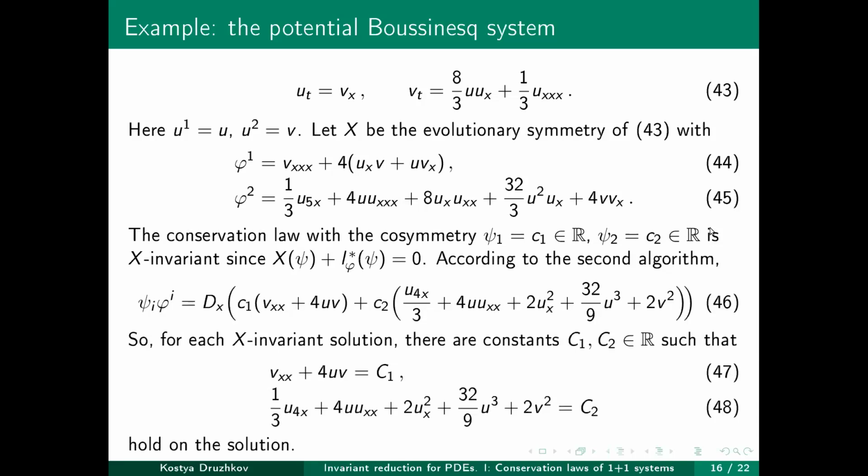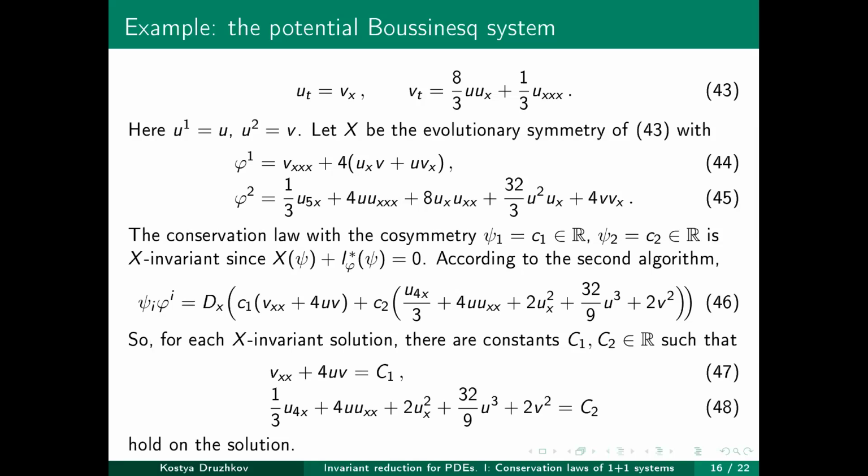According to the second algorithm, we consider the corresponding combination on the left-hand side, and it's easy to integrate by parts without any software in this case, and we get formula 46. That is, we get something reasonable on the right-hand side, and we know that the result must not involve t, so we can say that the expression under this total x derivative on the right-hand side is the desired function theta, that is, its restriction to the system epsilon x is the constant of x invariant motion.